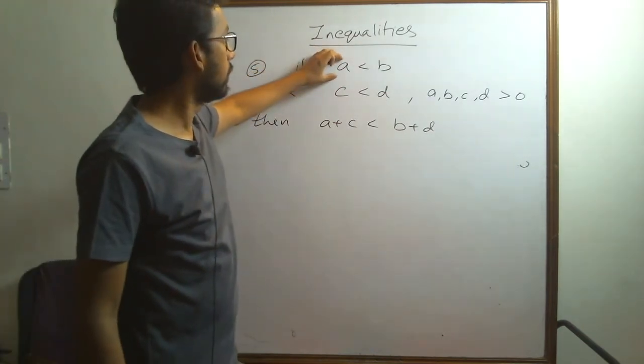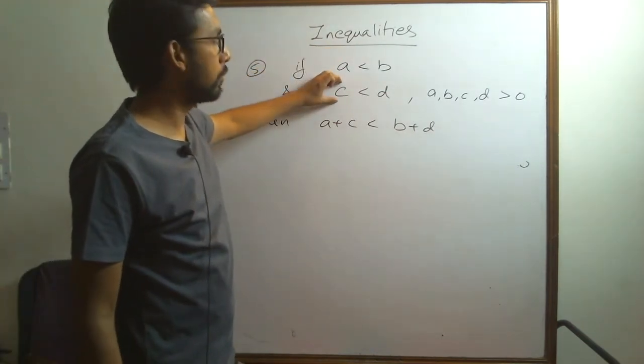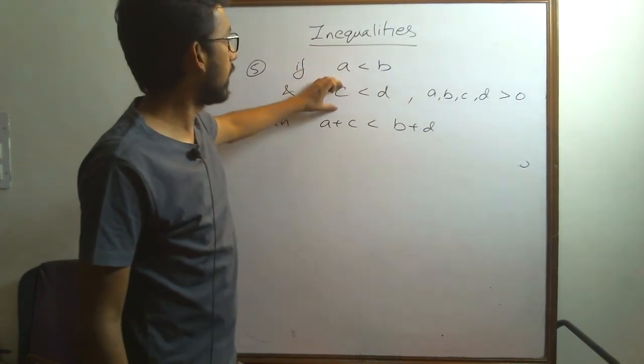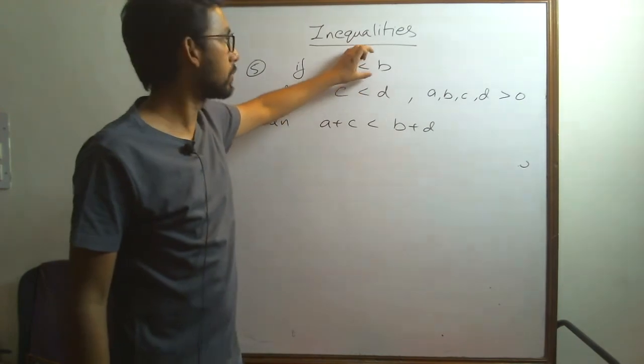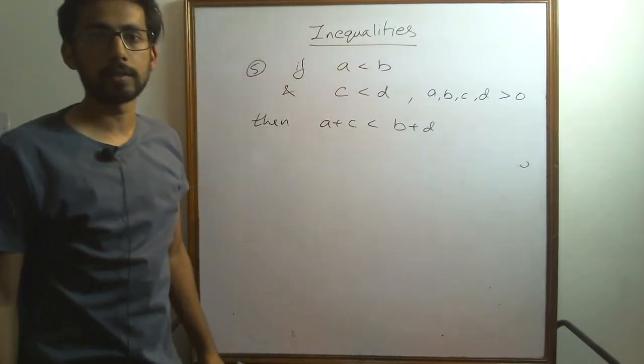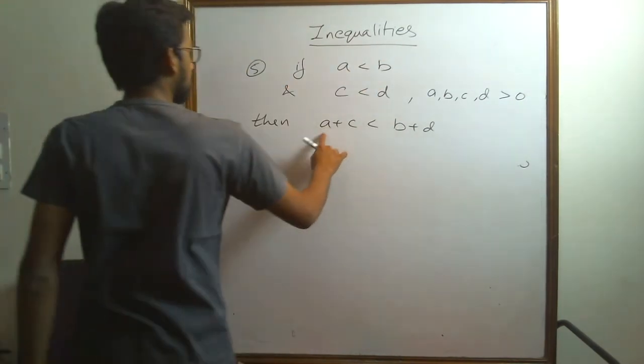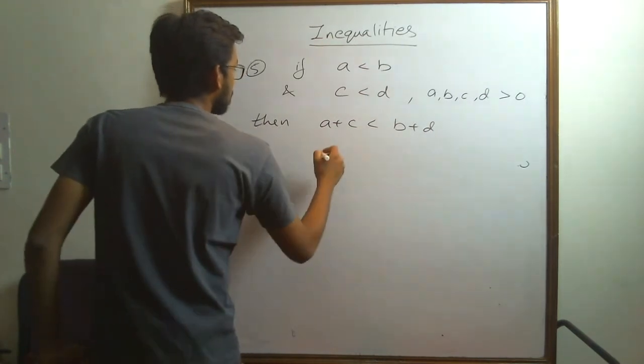There is a small number, and this is also a small number. If both of them are added, then of course the result will be smaller than the addition of the bigger numbers. So A plus C is less than B plus D.